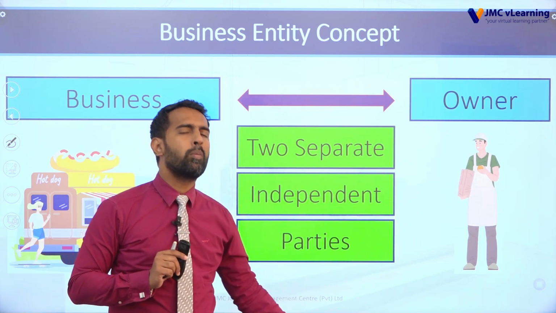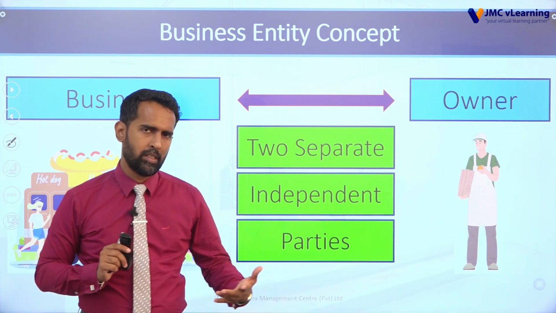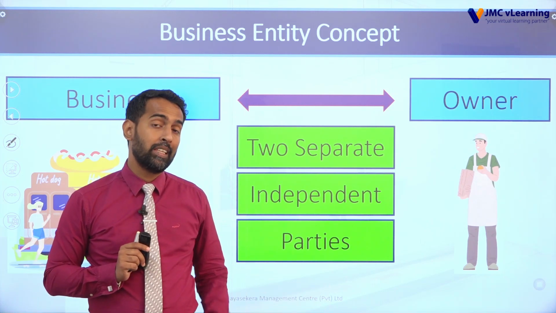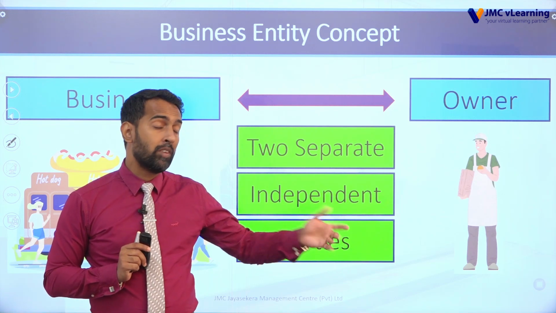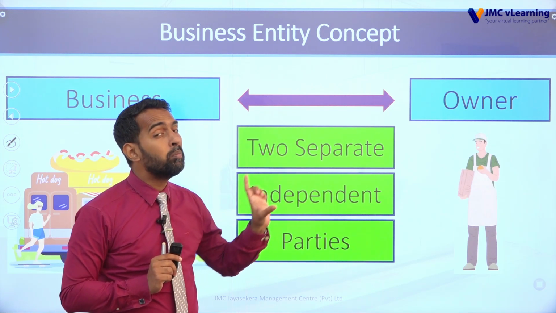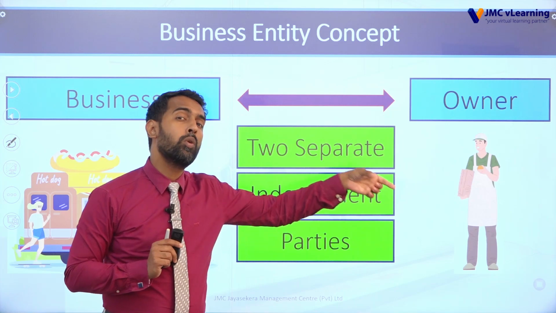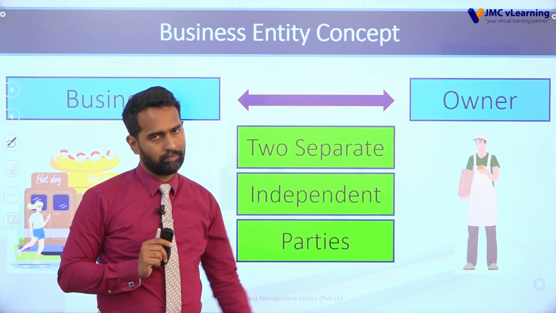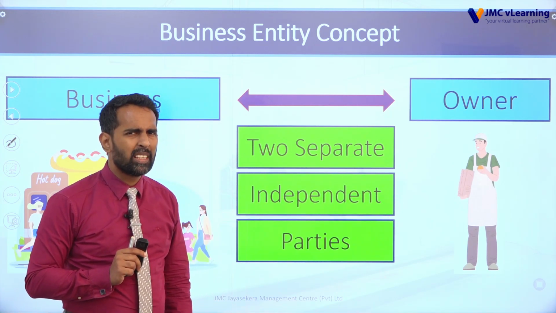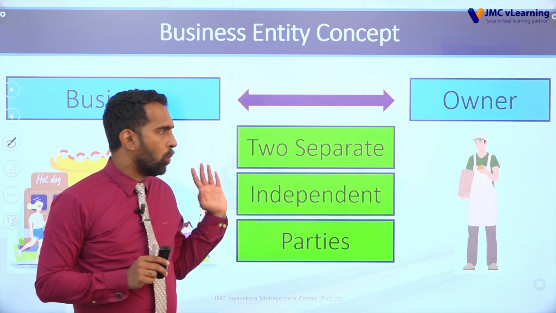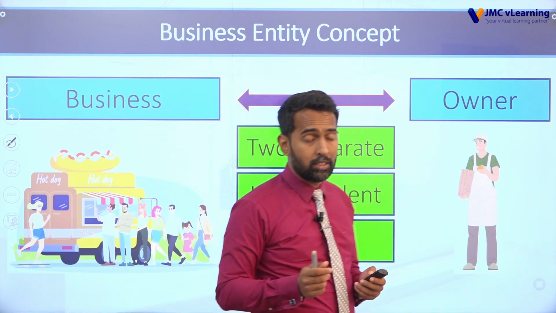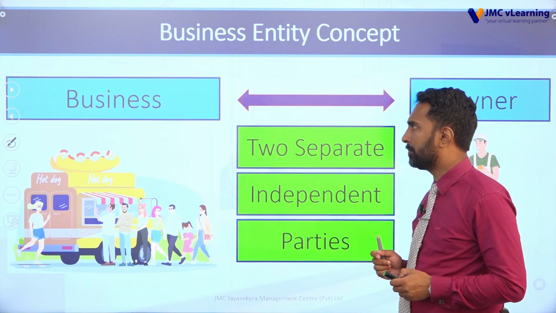It's an internal obligation, an internal commitment towards the owner. We see that as equity, the capital. Equity is an internal obligation of the business to the owner to pay him back. Clear? That is created through this business entity concept. So owner and the business are two independent parties.